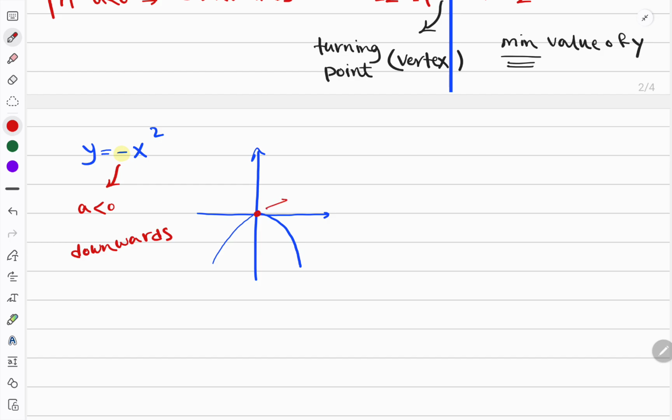And the vertex is here. And this is the maximum value of y, this point. And there are no positive y values. No positive y values for this parabola.